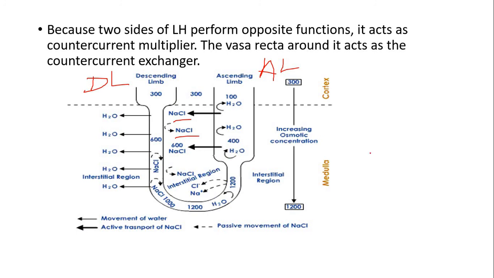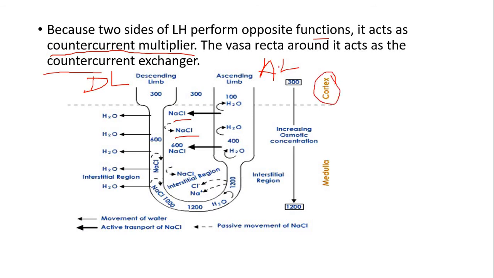So they perform opposite functions: the concentration of the descending limb is more while the concentration of the ascending limb is less, because more diluted fluid is present in the ascending limb. Because the two sides of the loop of Henle perform opposite functions, it acts as a countercurrent multiplier. The vasa recta, the veins and arteries present around the loop of Henle, act as the countercurrent exchanger.